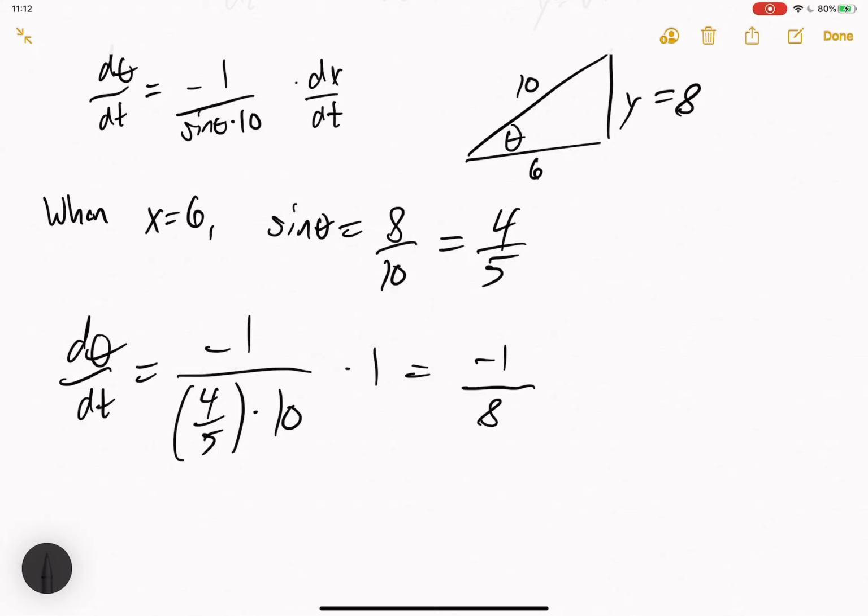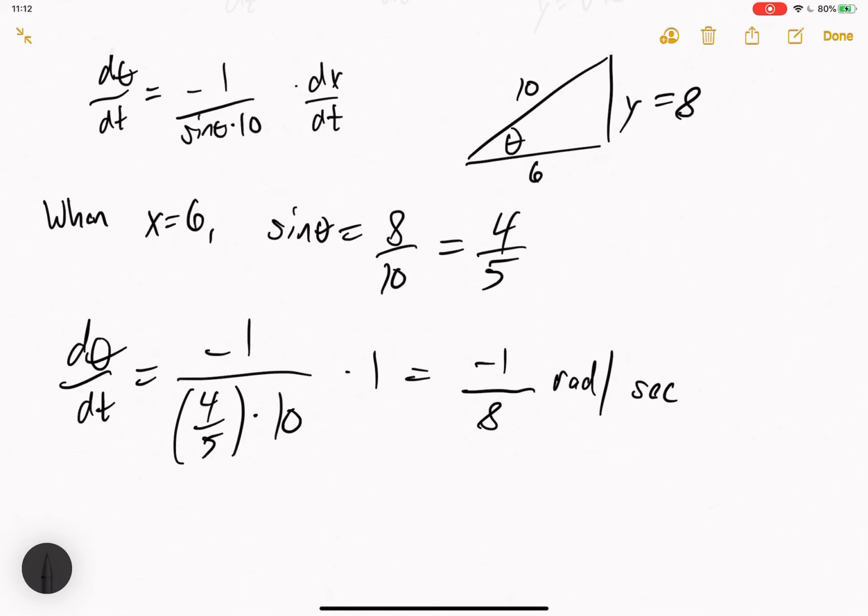And let's do some algebra to double check that if you want. So d theta dt is going to be equal to negative 1 over 8 radians per second. And you could say degrees if you want.